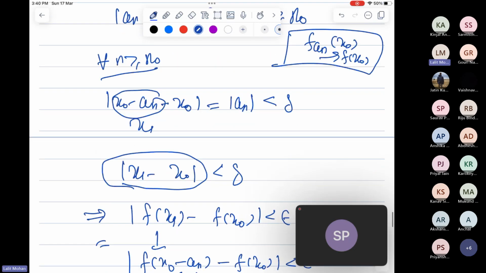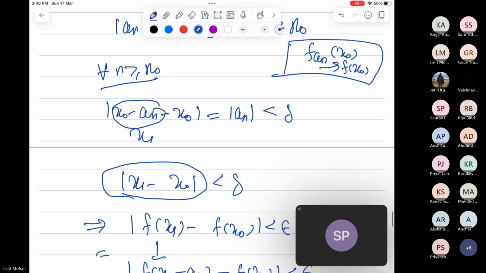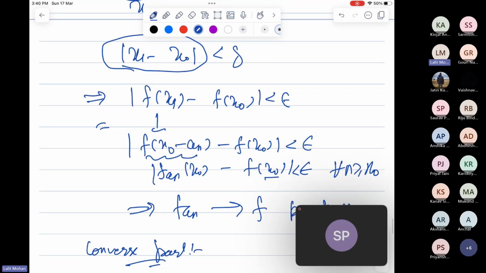Now for any n greater than or equal to n naught, first focus on this. Assume our x1 is x naught minus an, and our other point is x naught. What is this difference, x1 minus x naught? What is this value? Tell me. An.